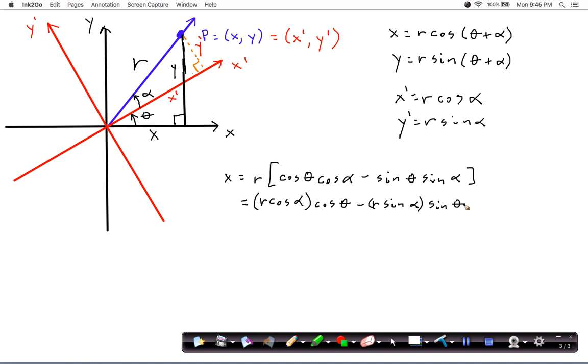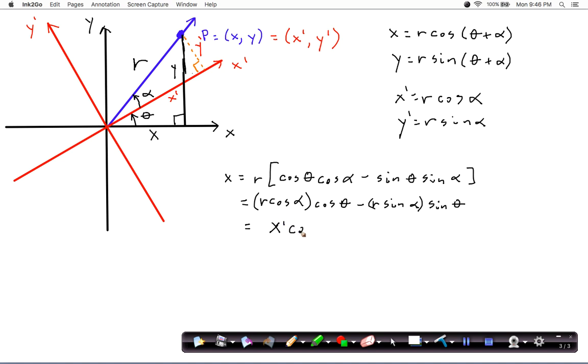Okay, but now we can look back over here, basically. Look here. We have a r cosine alpha over here. Over here, we have a r sine alpha. So we could start doing some substitution. Okay, this becomes x prime. Once again, r cosine alpha is equal to x prime. So we'll substitute that in.